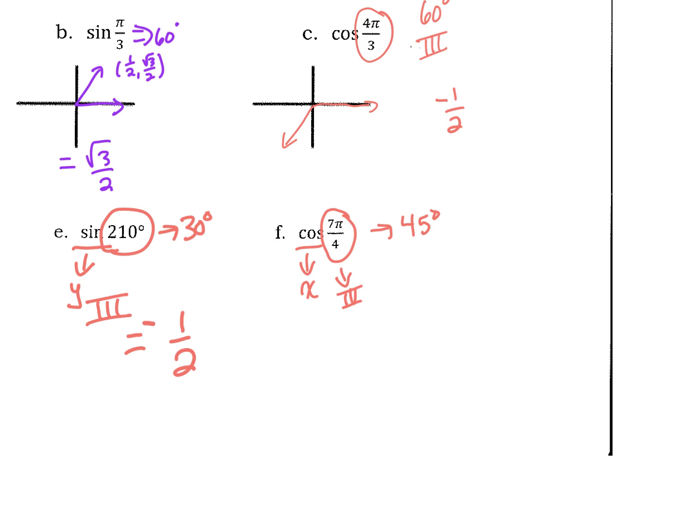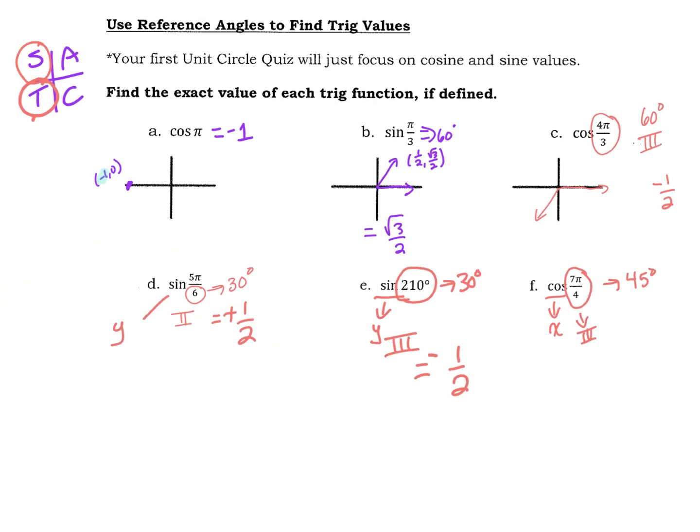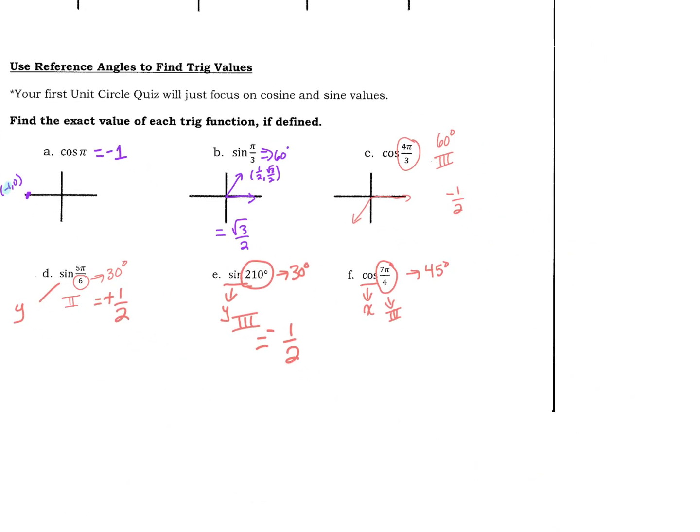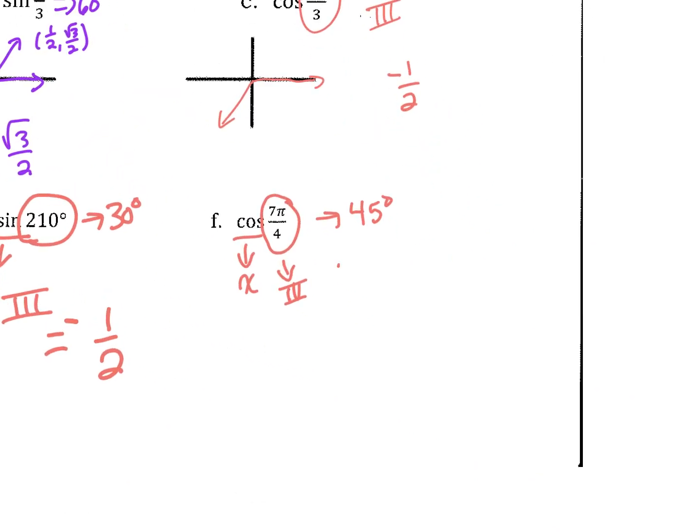So I want the x-coordinate at 45 degrees, and then I will need to think about whether the cosine value in quadrant 4 would be positive or negative. In quadrant 4, cosine values are positive. So I know my answer should be positive. And at 45 degrees, that's the special point where the x and y values are exactly the same, and it's the square root of 2 over 2. So the cosine of 7 pi over 4 is the square root of 2 over 2.